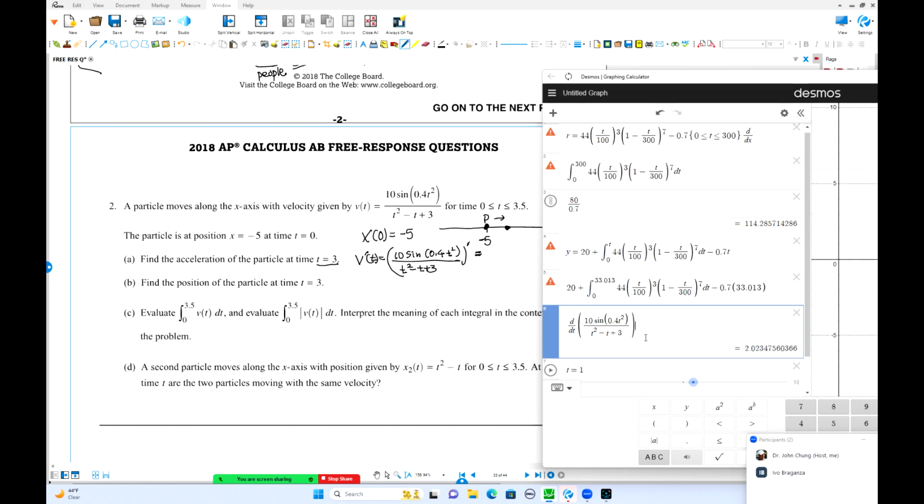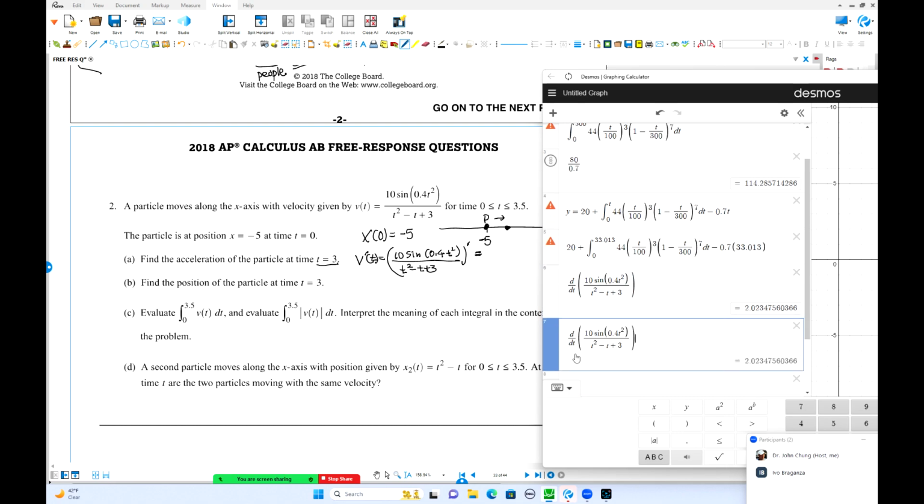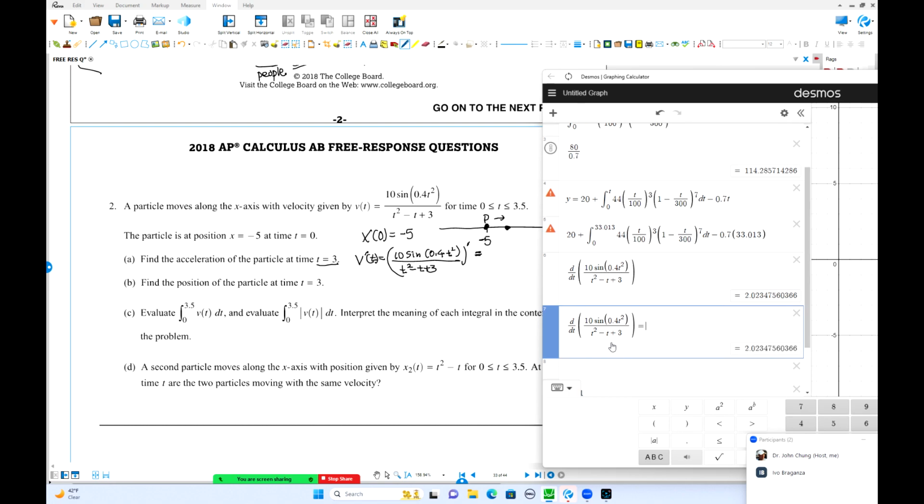So how can we find that? I'm gonna try it one more time. Oh, I lost again. When t equals 3, how can you express this one?